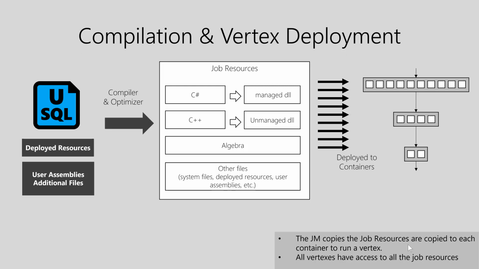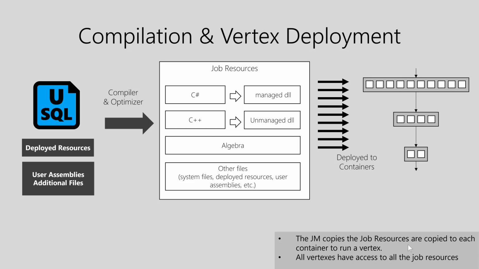Now we know that a job is compiled into a cluster plan, and then that's visualized as a job graph. And we know that this compilation process produces vertices inside each stage. Let's take a look at what's actually being sent to each vertex.